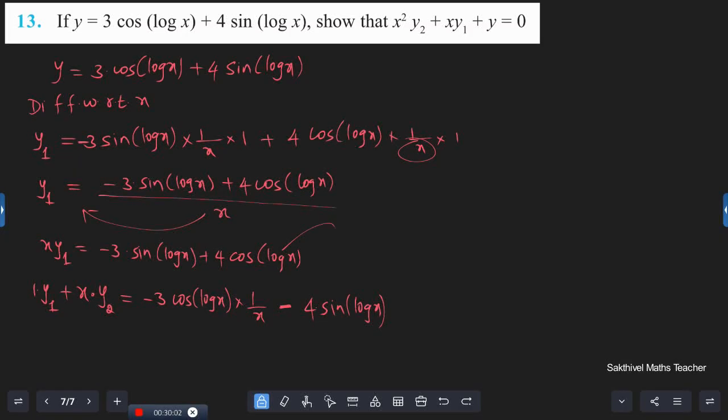Again log derivative is 1 by x. Again we have the same divide x, so we can write the whole thing divided by x.